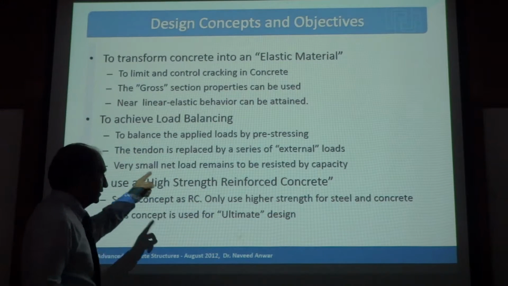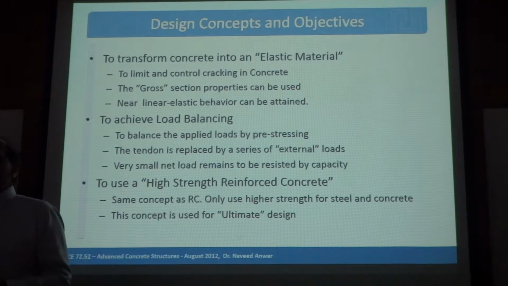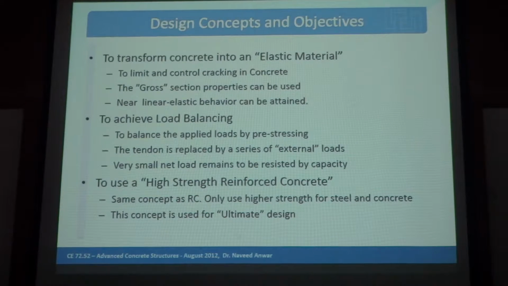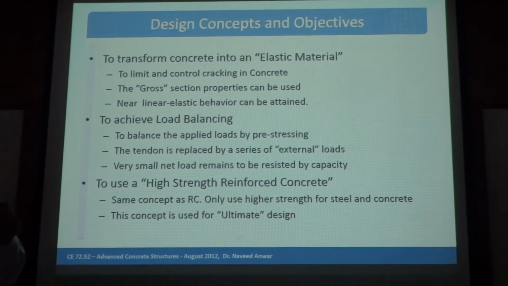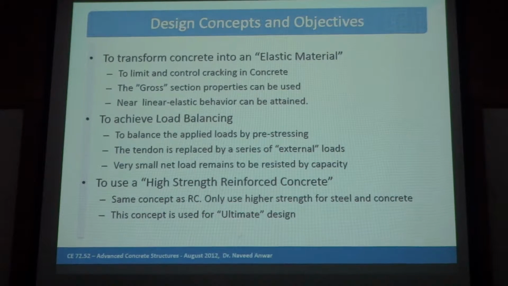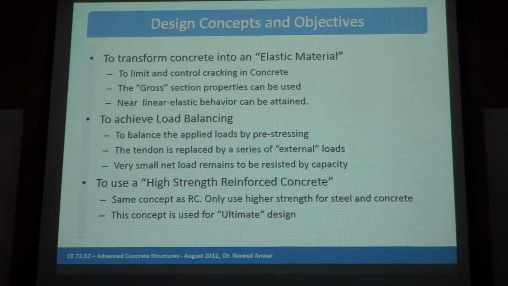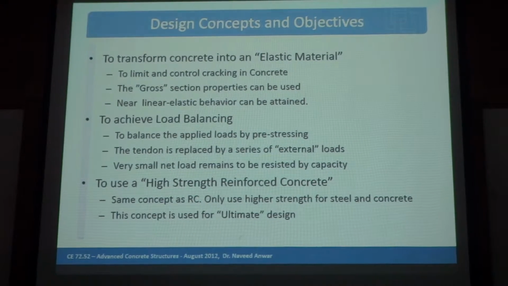The tendon that we place in prestressing is actually replaced by load. It is actually a loading on the structure. Unlike the rebar, which is a material, the tendon or prestressing wire that we place is a load, not a reinforcement. It is also a reinforcement at another level, but in operation it is a load.